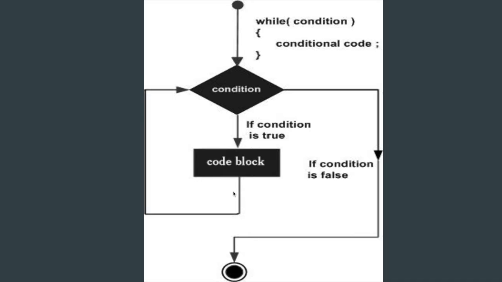If it is true, it goes back and checks the condition again. If it is true, it runs the code block you defined, and if the condition is false, the loop will be terminated. So this is how the while loop works.